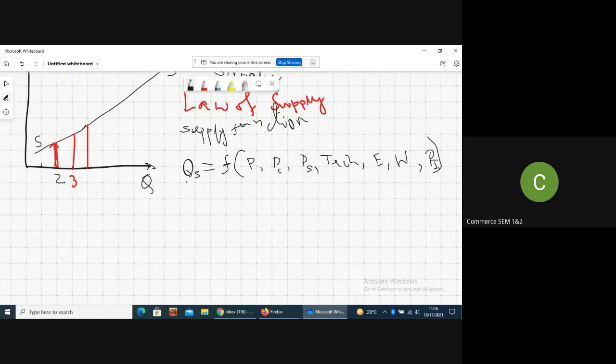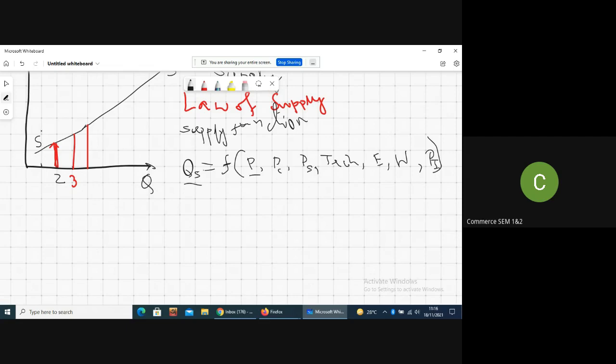So generally, in this two-dimensional space, we take only QS, the quantity supply of the commodity, and the price of that particular commodity. So if the price of the commodity changes, quantity supply of that commodity will also change if these other factors remain unchanged.